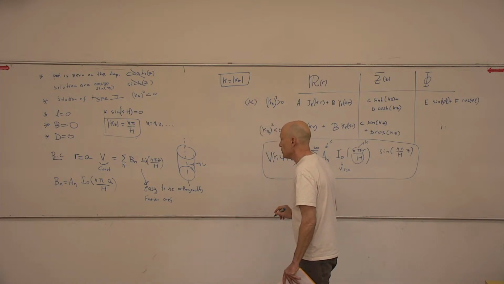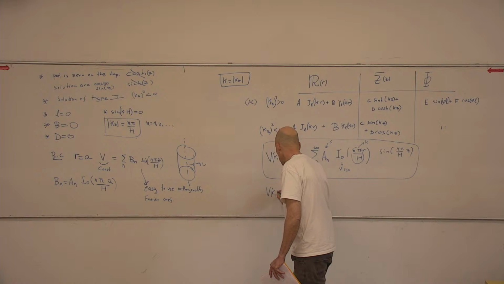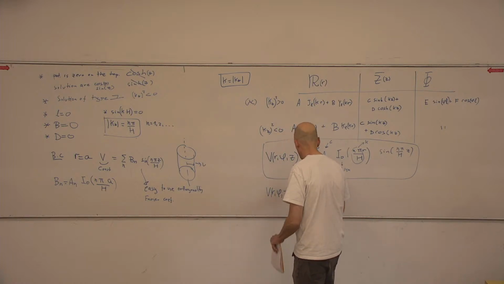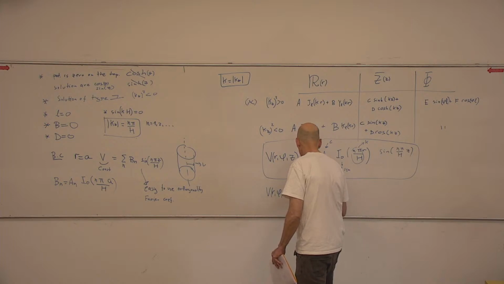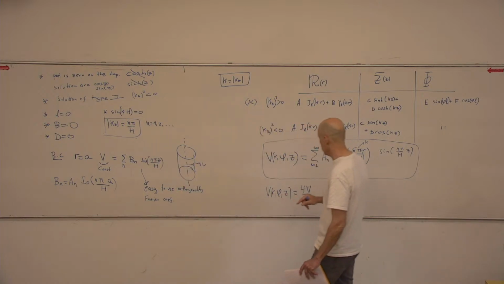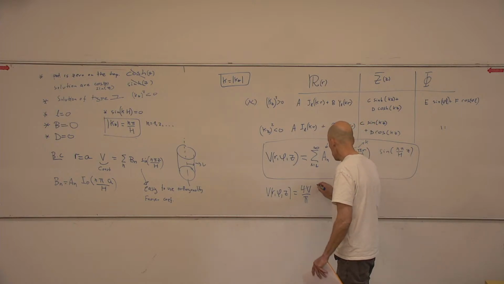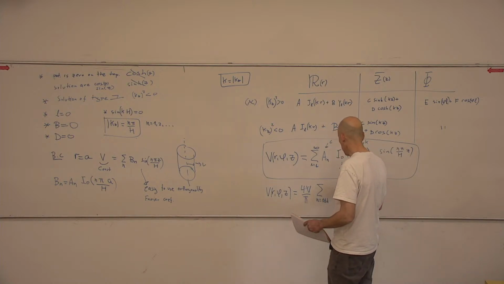So this just gives you the following: phi of r, phi and z is equal to 4V over pi, where the pi comes from the orthogonality of the sine, it's an integration over this 2 pi thing, and then a sum over the odd n only, 1 over n.